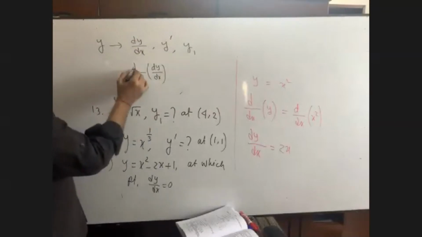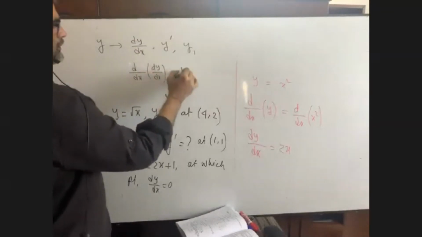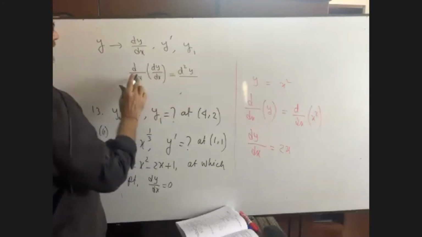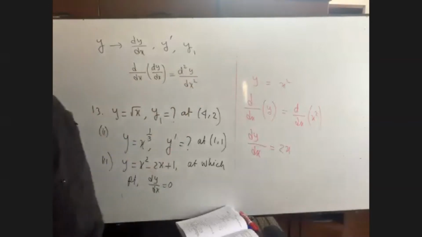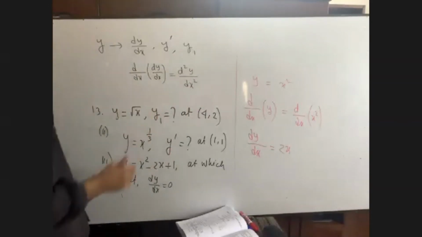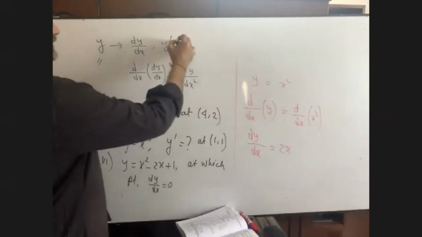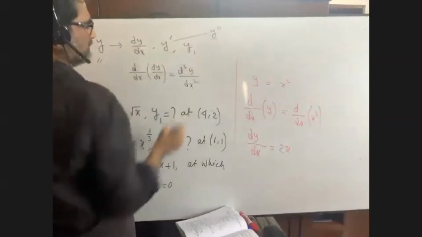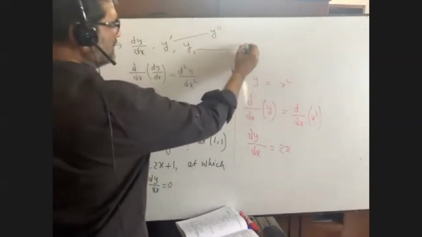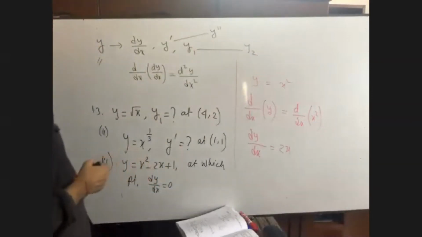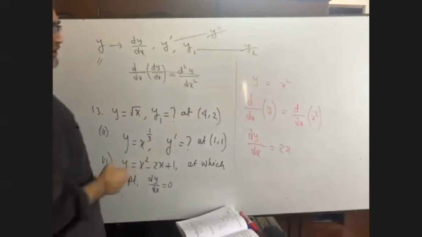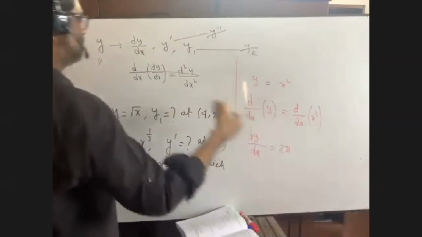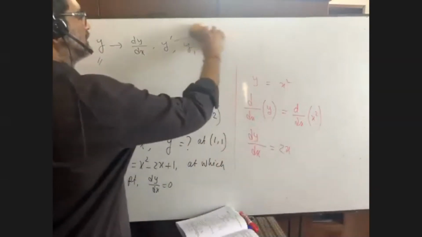So you multiply d into d, that is d square y, and here dx whole square, but it is written as dx square. This is the second derivative of y. Here, second derivative is y double prime. Here, second derivative is y2. Anyway, we don't need these now, but we will need these three.